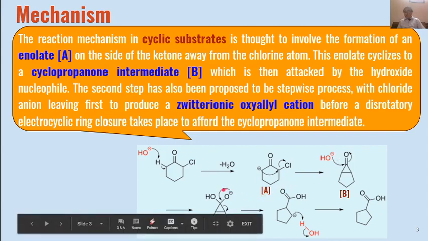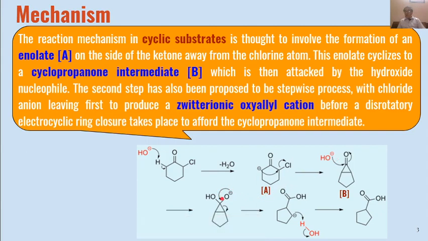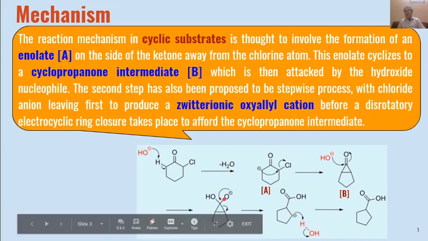Then this pair of electrons goes back to oxygen to create the carbon oxygen double bond. Then either this bond or this bond, this carbon carbon bond or this carbon carbon bond, will break to give us this type of ring contracted product.